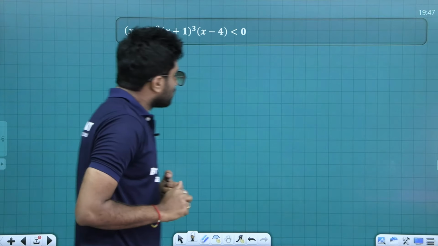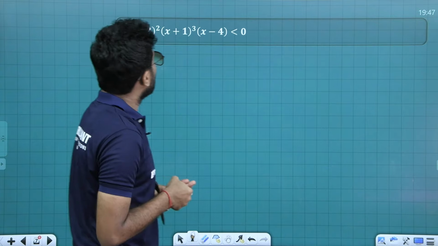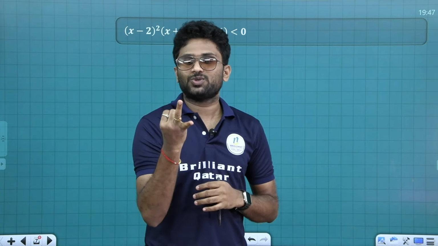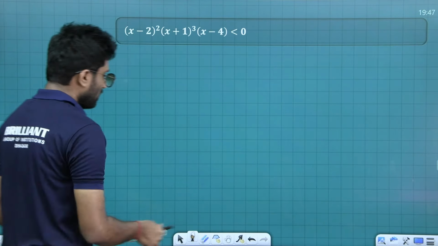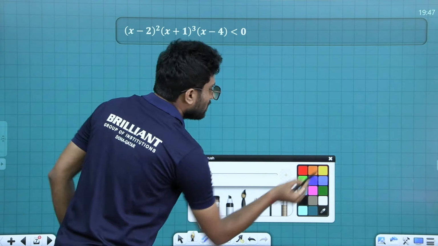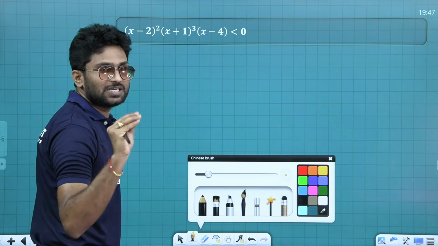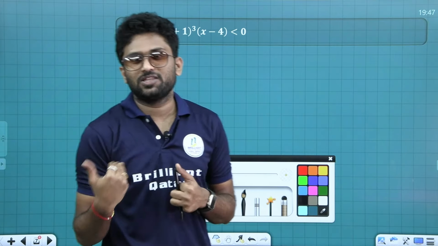Next question. (x minus 2) whole square into (x plus 1) whole cube into (x minus 4) less than 0. I'll give you 5 seconds to do this. First thing, let's find together all the poles, zeros or roots. We have only zeros because there is nothing in the denominator.